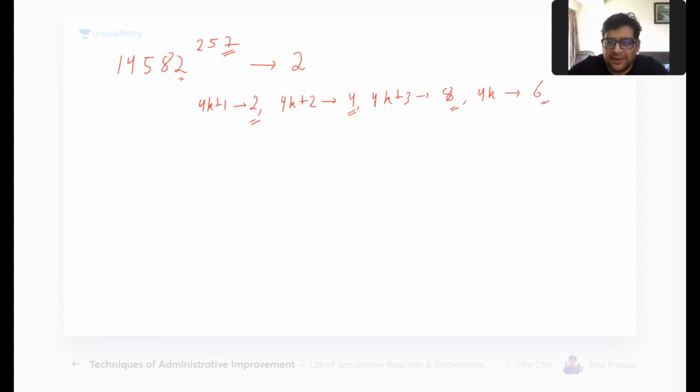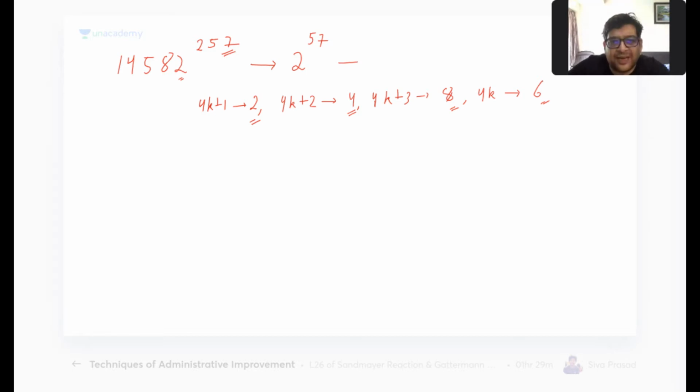So the only thing that I care about is what is happening in the power with respect to divisibility by 4. So in the power, I only care about the last two digits, which is 57.